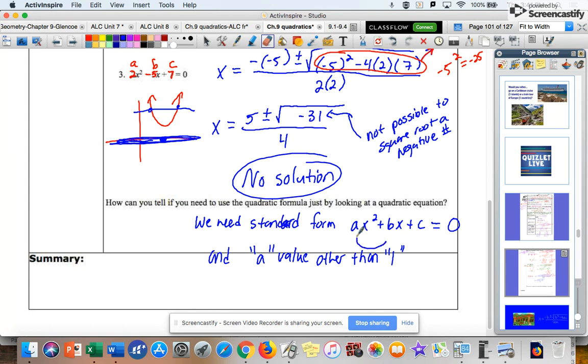If a is 1, we should be able to complete the square. Completing the square might be easier, but if a is some value other than 1, then the quadratic formula may be the best way to go other than graphing.